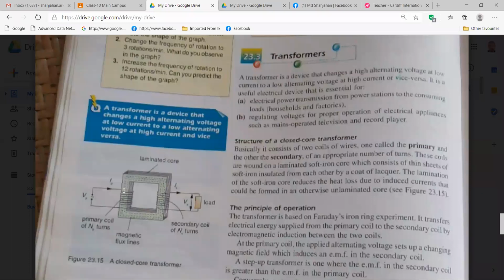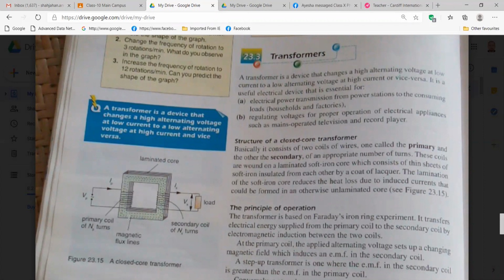Now, look, when there is a change in magnetic field, that time you are getting the induced EMF. Here you see the iron core, a laminated iron core. When this induced EMF is produced, this iron core is becoming a magnet, right? When current is flowing through these wires, we are having induced magnetism also.